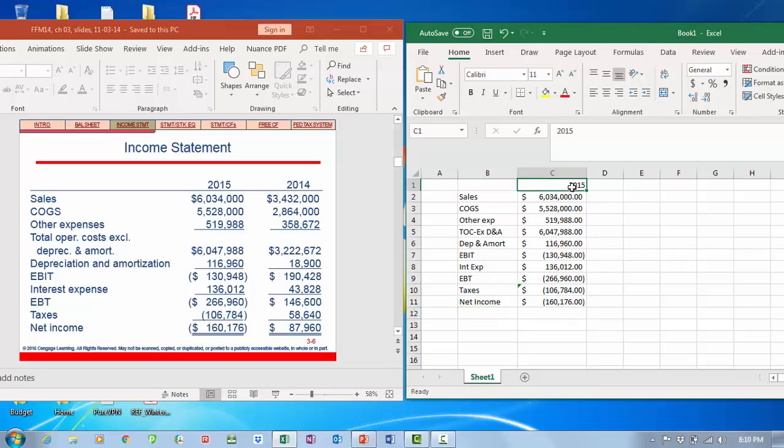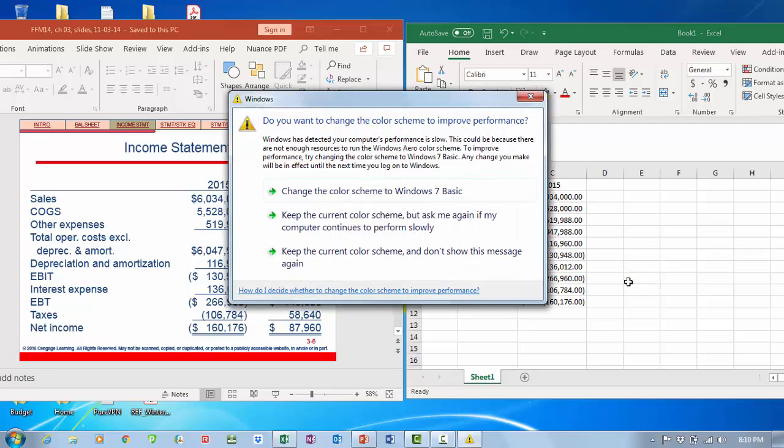Now that is how you will create an income statement. So I created that for 2015. We've already discussed compared to 2014 how these numbers fare in 2015.